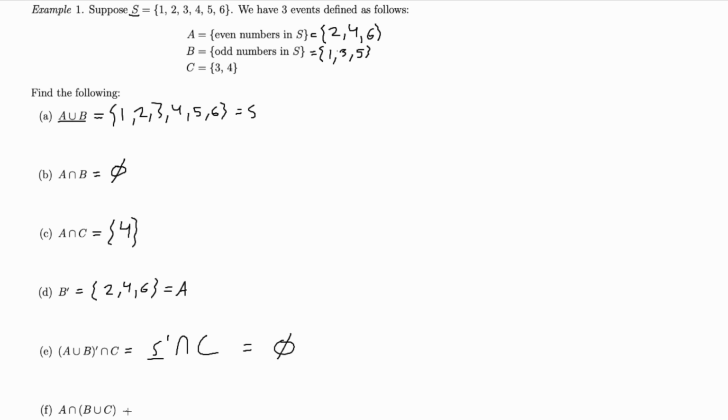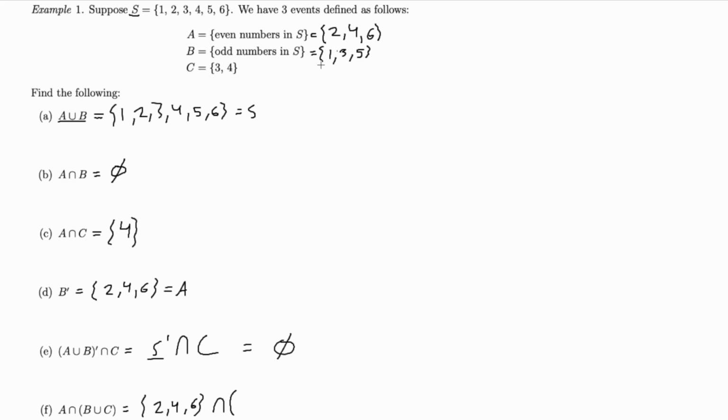And finally we have F right here, which is A intersection B union C. So let's take it step by step. So A, we all know, is even numbers, so 2, 4, and 6. And then we could write the intersection. So now what's B or C?